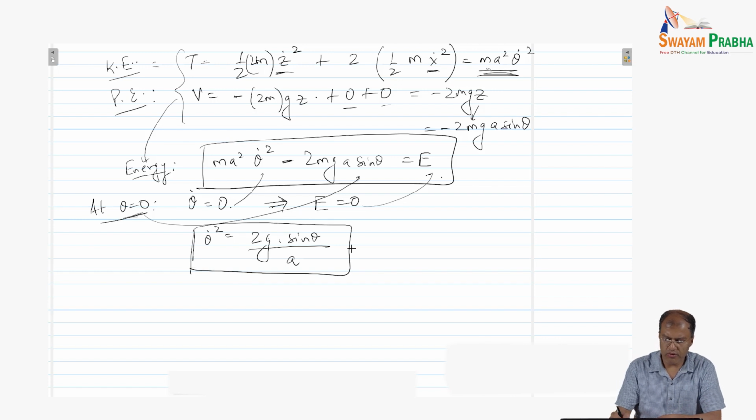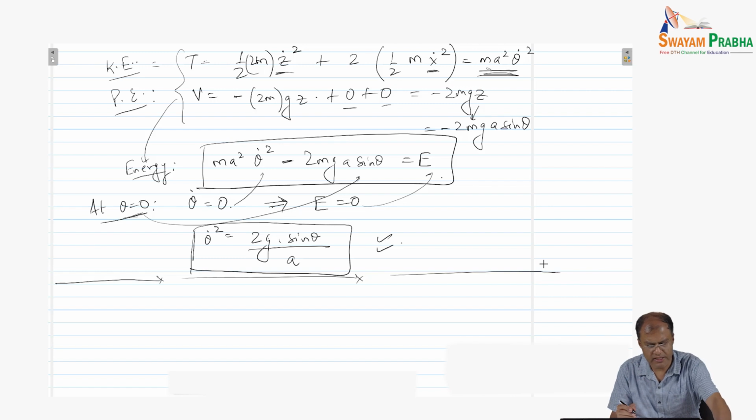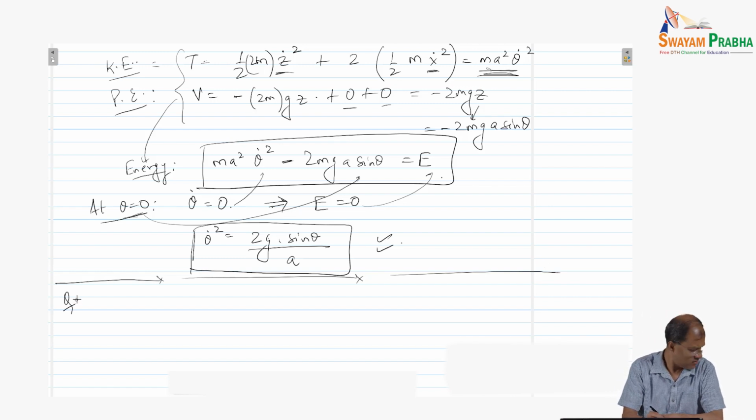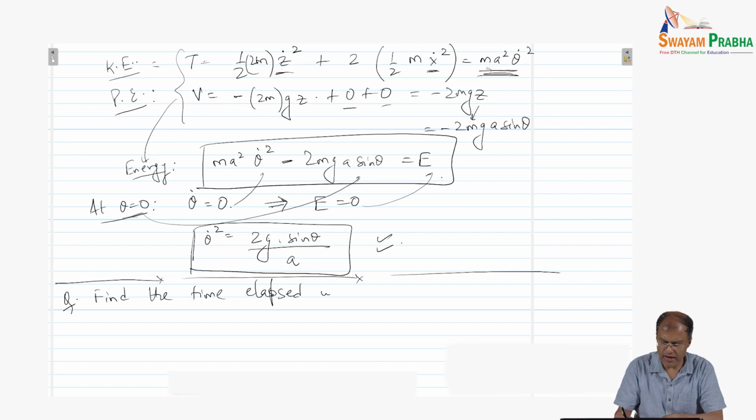So that is the energy conservation of the system. Now let us add another small bit of information. The second part of the problem says, find the time elapsed when the sliders collide.